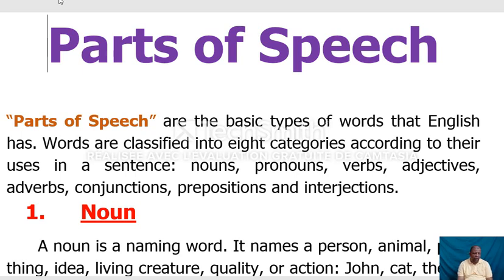Let's jump now to the introduction. Parts of speech are the basic types of words that English has.